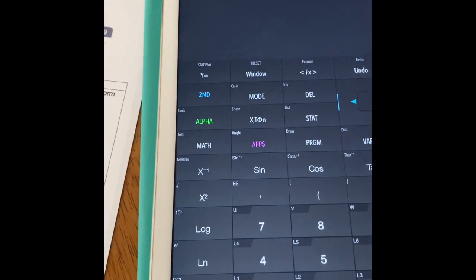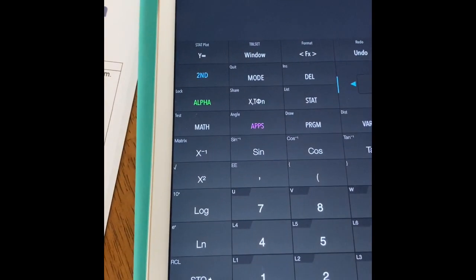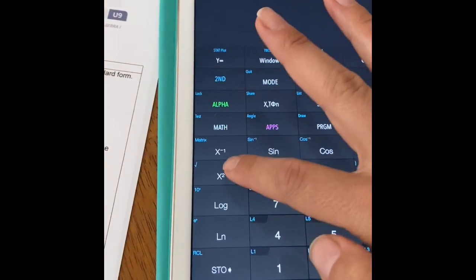Okay, so I'm going to go big set of parentheses, -2 plus the square root.